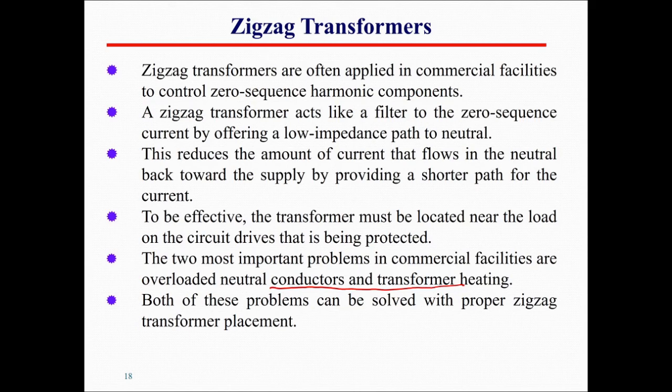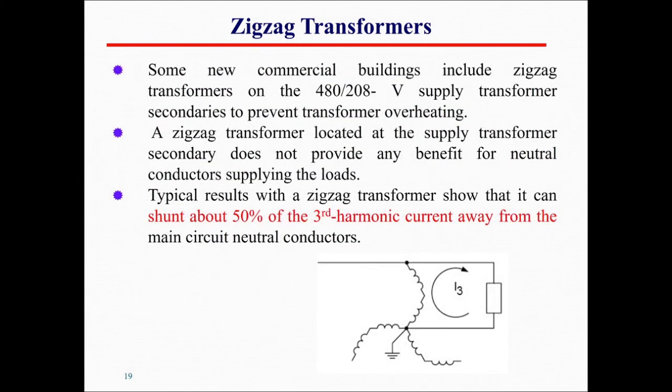But those two problems can be solved by using a zigzag transformer if it is placed in a proper place, and also if we have selected the proper size. Some new commercial buildings include a zigzag transformer on the 480/208 volt supply transformer secondary to prevent the transformer from overheating.